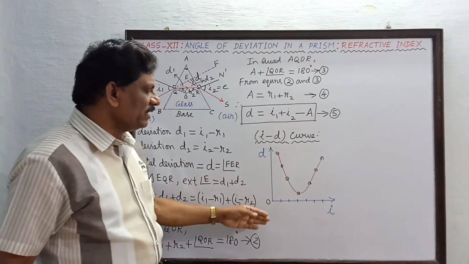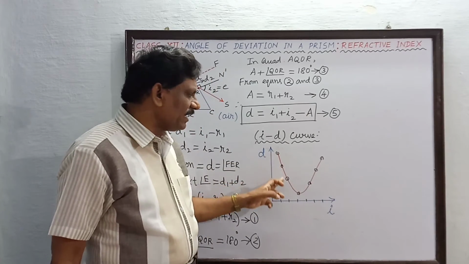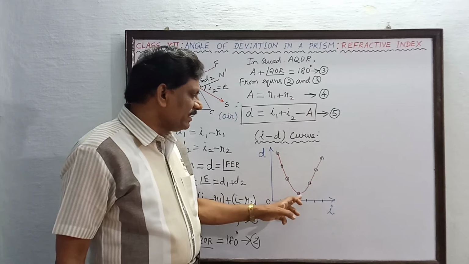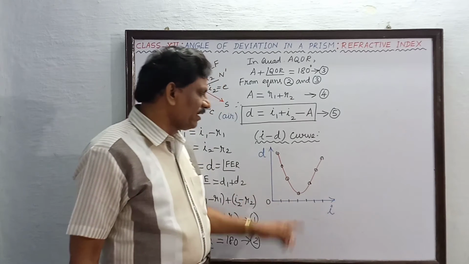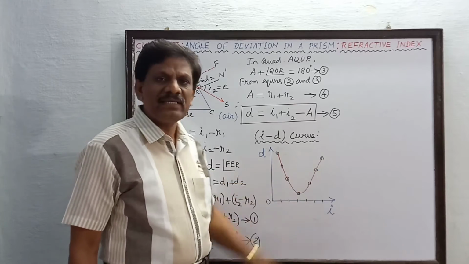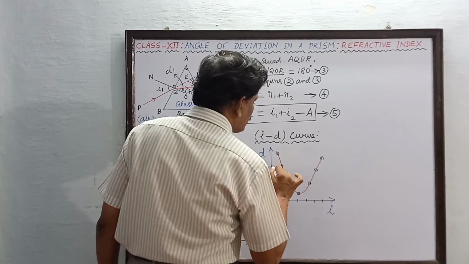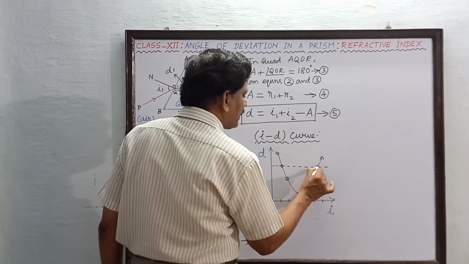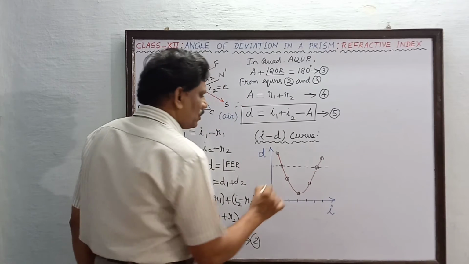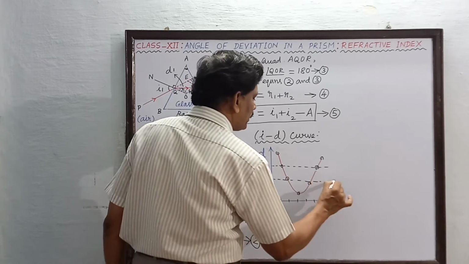So initially with the increase in the angle of incidence, the deviation has decreased and it has reached a minimum value. And again on further increase in the angle of incidence, the deviation has increased.